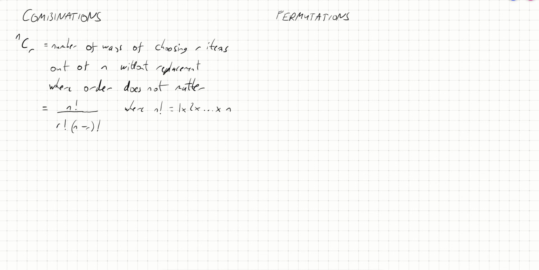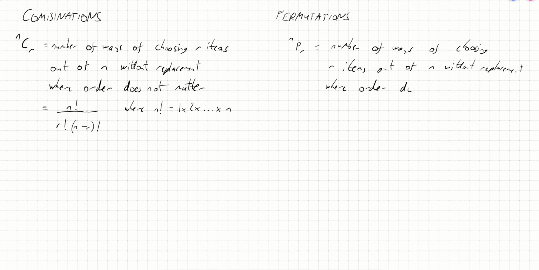In contrast, permutations are pretty similar. So nPr, in this case, is the number of ways of choosing r items out of n, again without replacement. Now the key difference is here, where order does matter.